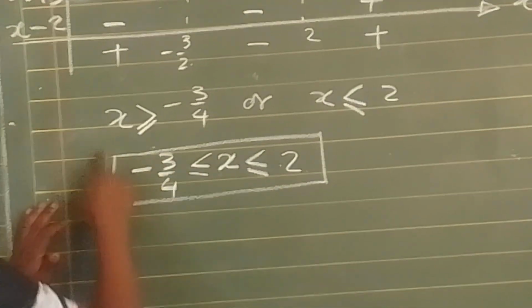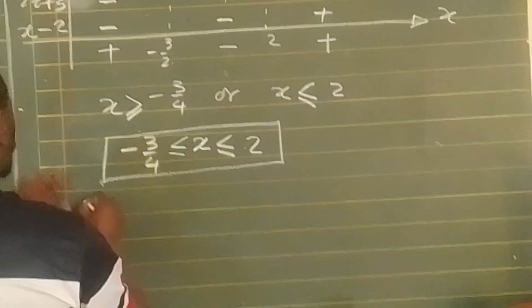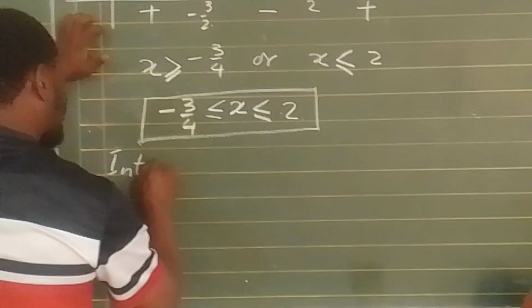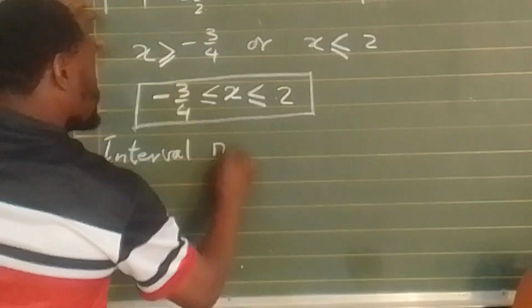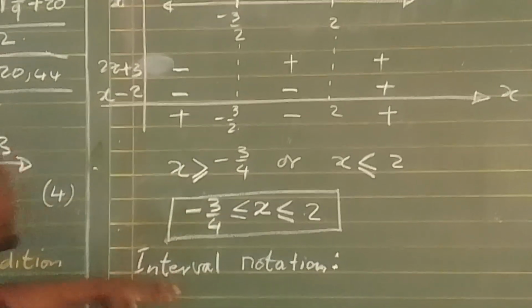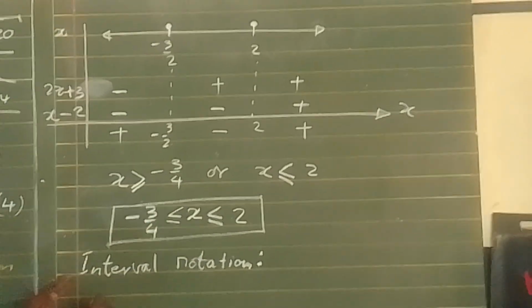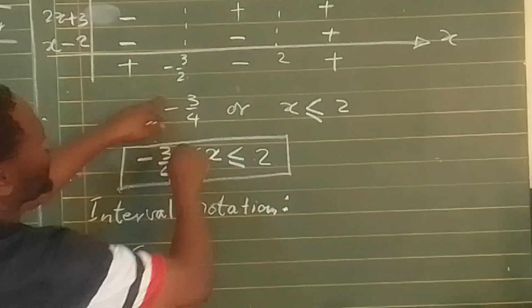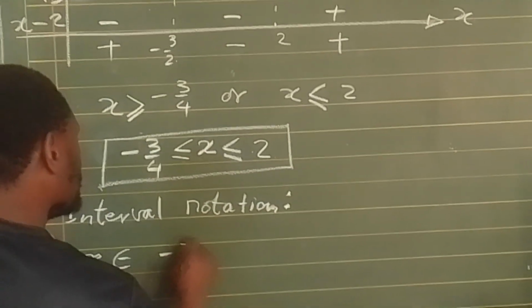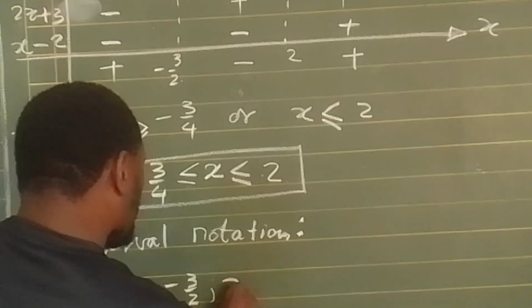Right? This is what we call interval notation. So if we represent this in the interval notation, we are going to say x is the element of negative 3 over 2 and 2.